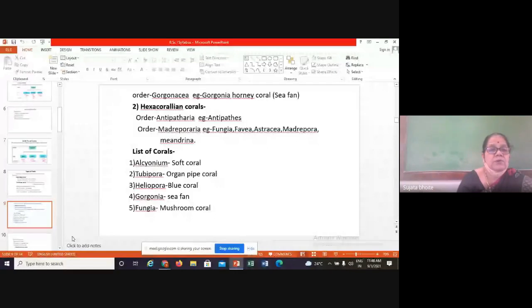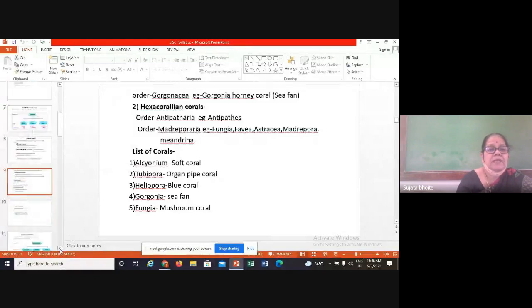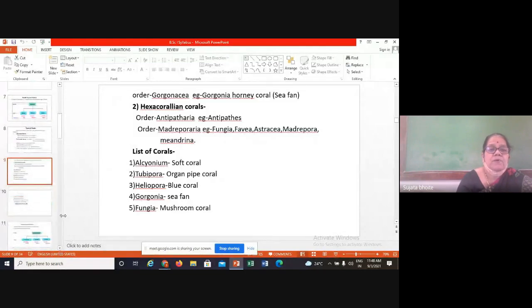In the list of the corals, the first coral is Alcyonium, commonly known as soft coral. Second, Tubipora, organ pipe coral. Heliopora, blue coral. Gorgonia, sea fan. Fungia, commonly known as the mushroom coral.